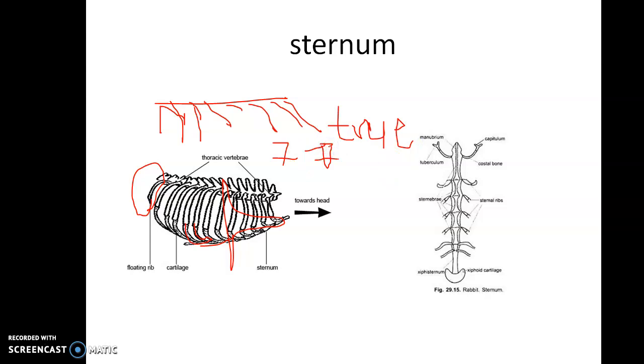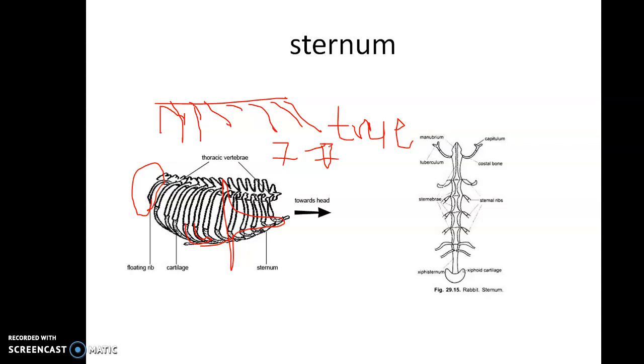Then 8th and 9th do not directly join with the sternum, but they remain fused with the 7th sternal rib. So the first 7, which directly fuse with the sternum, are called direct ribs or true ribs. The remaining are called false ribs.